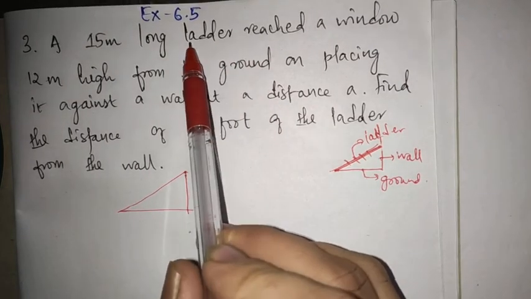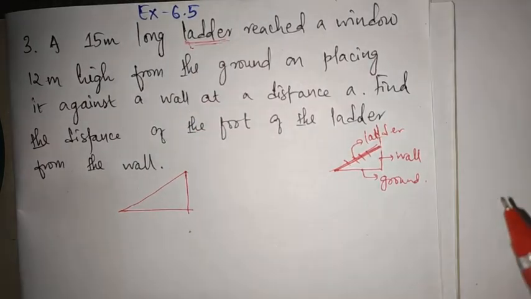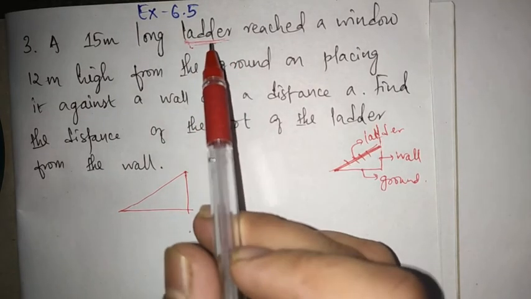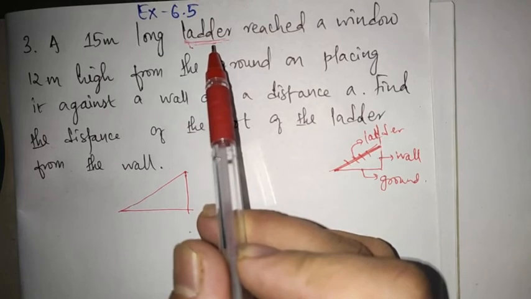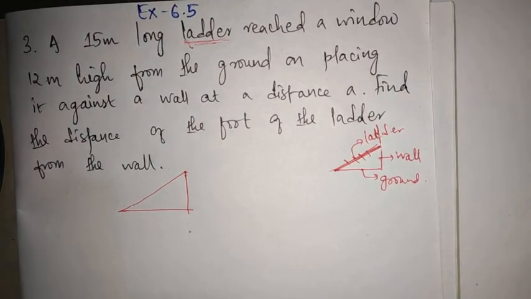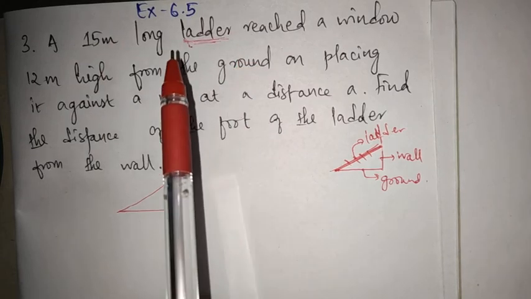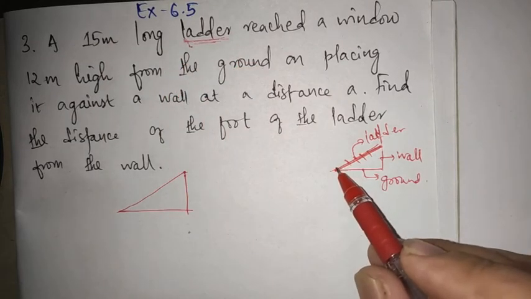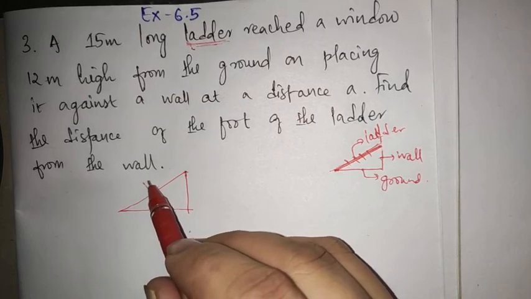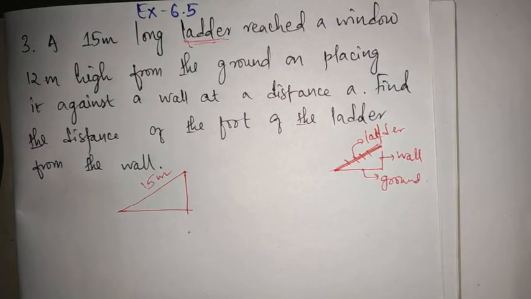As the term ladder has been mentioned, we are going to make the figure first. A 15-meter long ladder. You know, a ladder is placed like this, so your hypotenuse will be 15 meters.